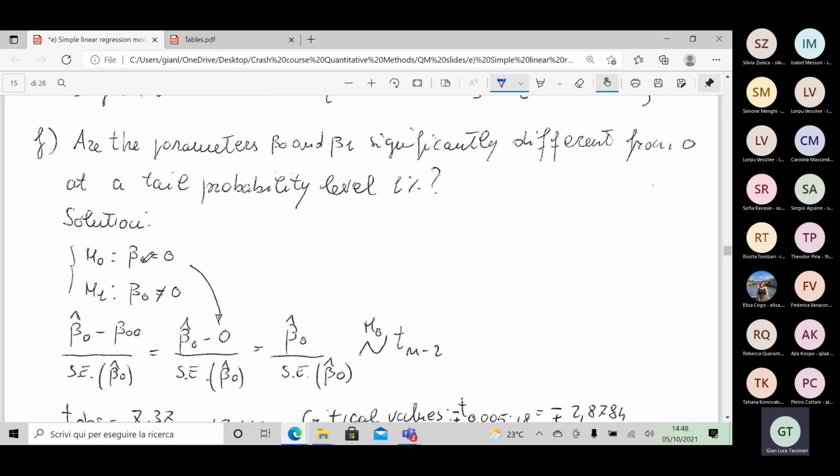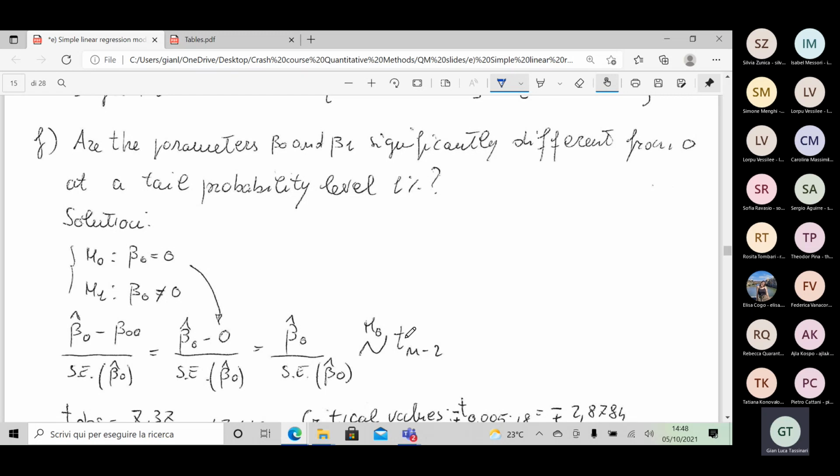But under the null for us, beta 0 is equal to 0. So this is our test statistic. It's simply beta 0 hat divided by the standard error of beta 0 hat. Before selecting the sample, remember, this is a random variable. Its distribution under the null, which is an exact distribution, is a student's t with 20 minus 2 degrees of freedom, with 18 degrees of freedom.